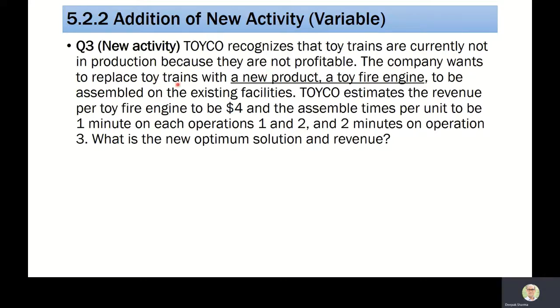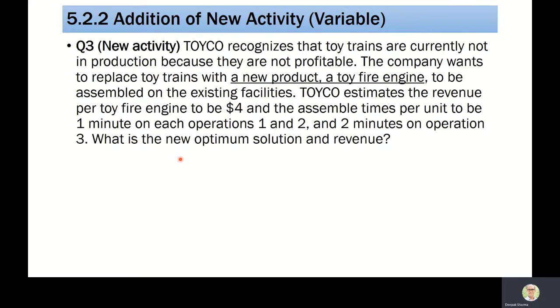The company wants to replace toy trains with a new product called toy fire engine to be assembled on the existing facilities. TOYCO estimates that the revenue per toy fire engine to be $4 and the assembly times per unit to be 1 minute on each of operations 1 and 2, and 2 minutes on operation 3. What is the new optimum solution?